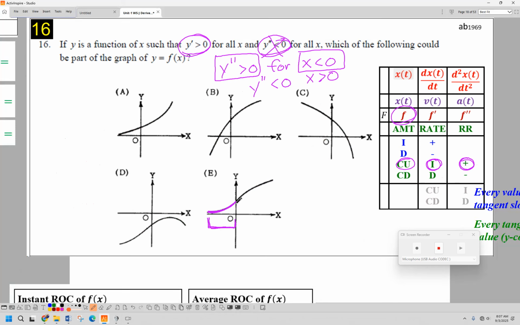Then when x becomes positive over here, that's this clue. Now we have the second derivative is negative, which means our slopes are decreasing and the function is now concave down. So that's what they would have written to change the problem so that E becomes the correct answer. Two more. Cool. Stop the video, do another one.